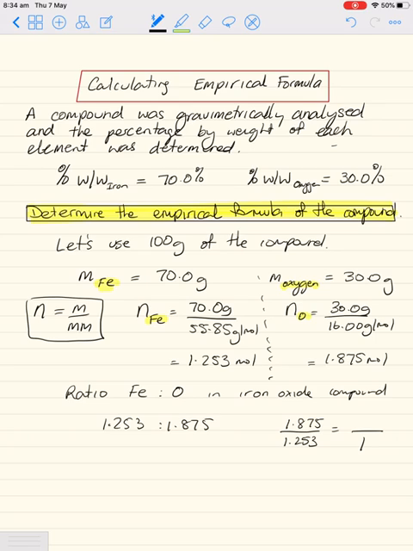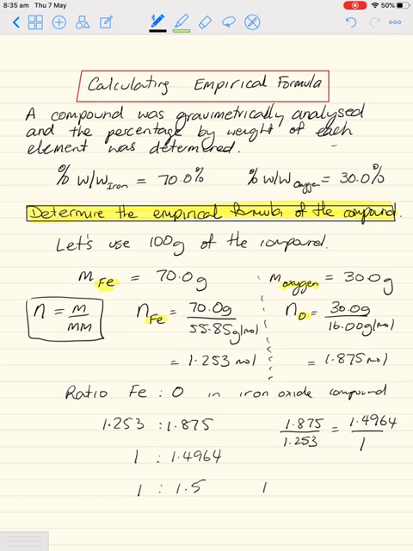Okay, so 1.875 divided by 1.253 equals 1.4964. Okay, so that is equivalent to a ratio of 1 iron to 1.4964 oxygen. Now we can't have a 0.4964 of an oxygen. We're going to take that to the nearest whole number, or we're going to round that off, and we can clearly see that's about 1 to 1.5.